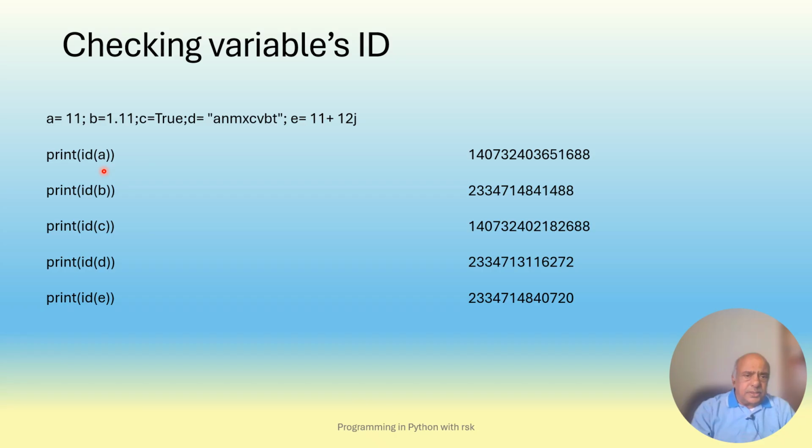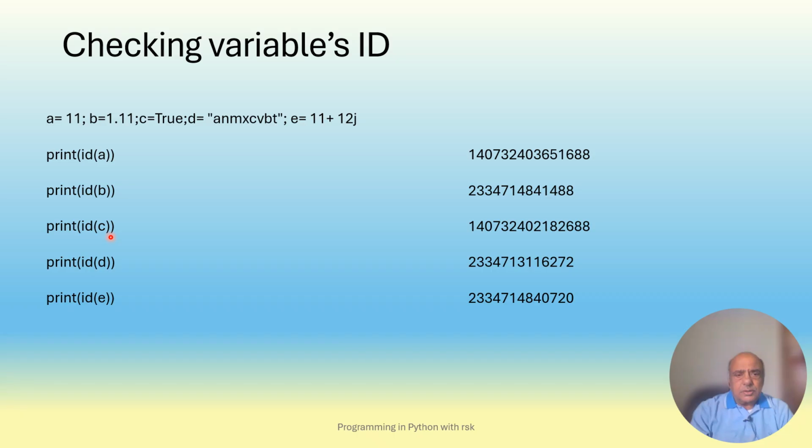When print(id(a)) is executed, we get this value. This is the ID of object 11, and a is simply a reference to that object. Similarly, b is referring to object 1.11, and the ID of that object is this 2, 3, 3, 4, etc.